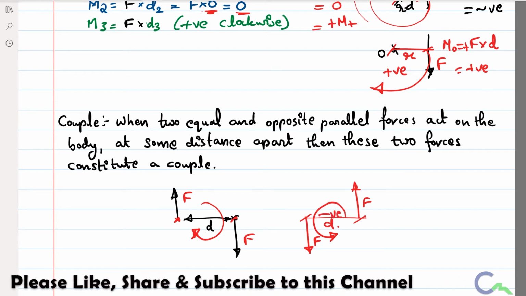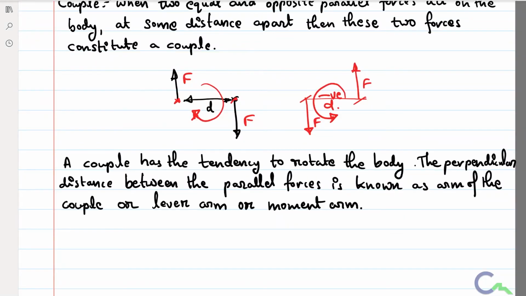This is a negative couple. As I have seen in the above examples, the couple has the tendency to rotate the body. If I apply any couple on the body, it tends to rotate that body. The distance between the parallel forces is known as the arm of the couple. It is also called the lever arm or moment arm.